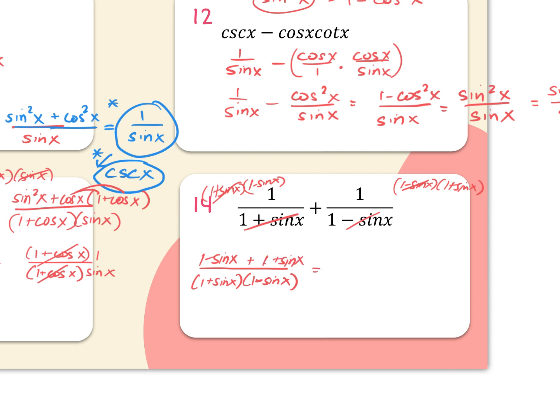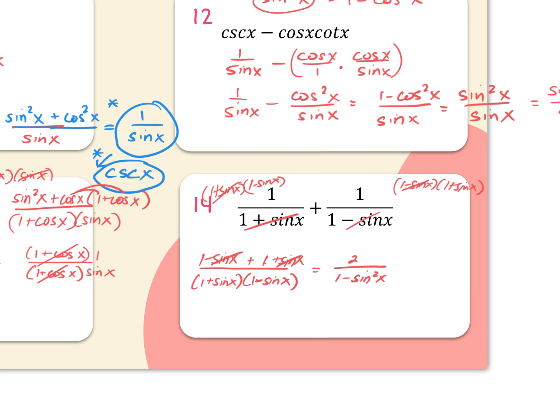If I simplify the top, I have 1 minus sine x plus 1 plus sine x, so that's going to just be 1 plus 1 is 2, and minus sine x and plus sine x cancel, right? And my denominator, I could actually do the math here, right? That's a difference of squares. It's going to be 1 minus sine squared x.